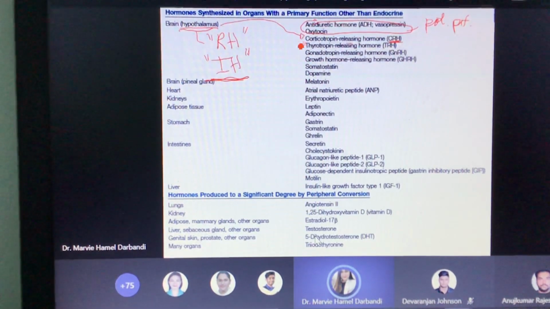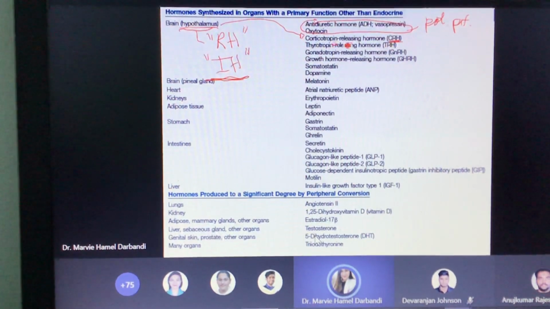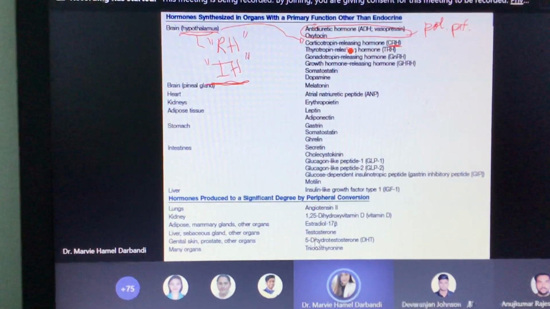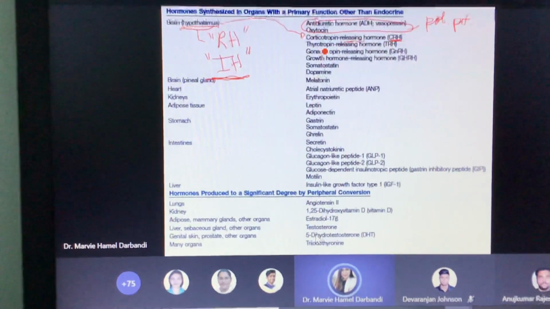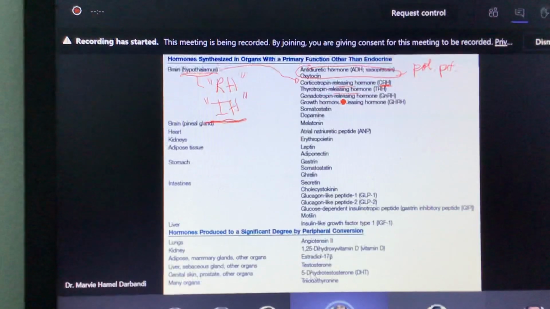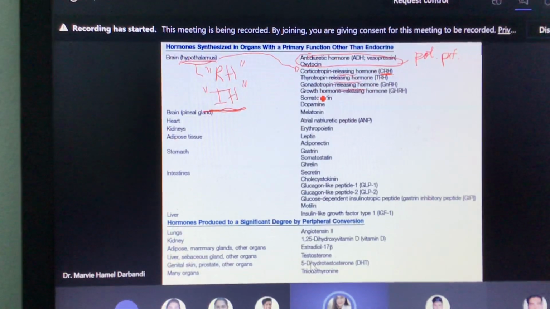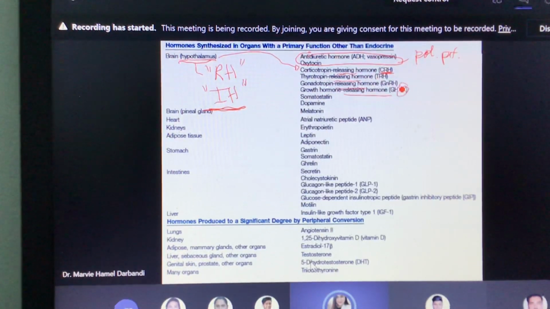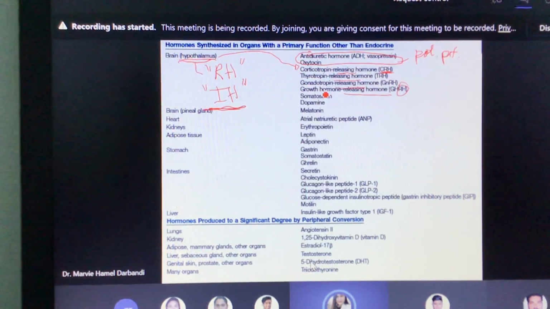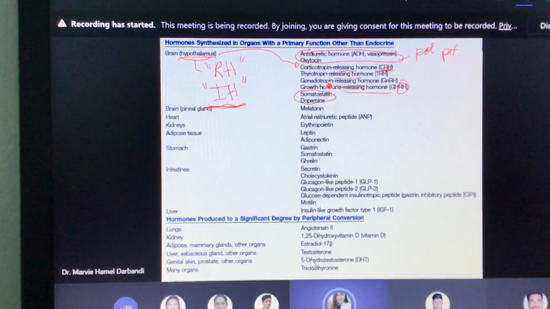Coming from the hypothalamus, the hormones: corticotropin releasing hormone, thyrotropin releasing, gonadotropin releasing, growth hormone releasing. There is releasing, except for somatostatin and dopamine.